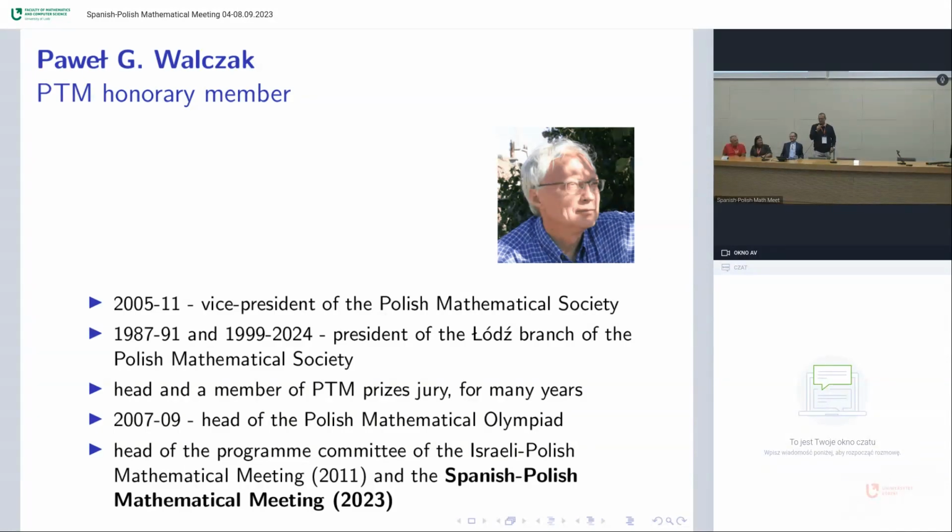And now something about actions for the Polish Mathematical Society. From 2005 up to 2011, he was a vice president of the Polish Mathematical Society. Before, he was the president of the Łódź branch of the Polish Mathematical Society. Obviously not to 2024, 2004.